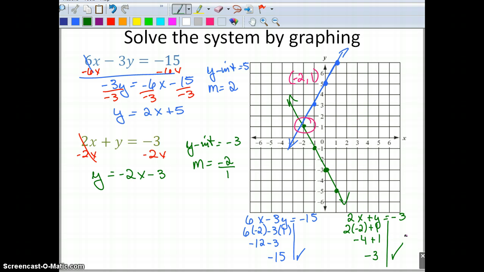Okay, this one checks out also. So the point (-2, 1) is the solution, because I'm looking for the one thing that these two lines have in common, and the only thing they have in common is this point right here.